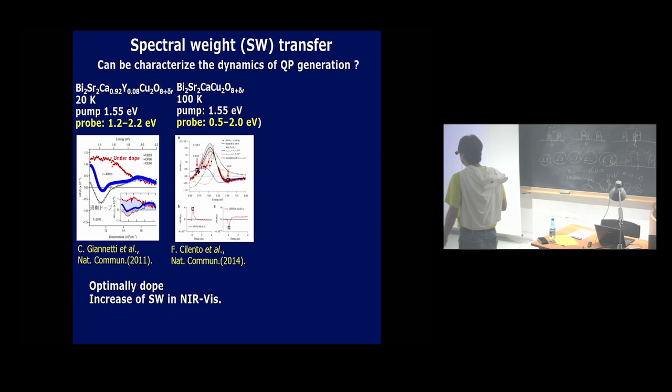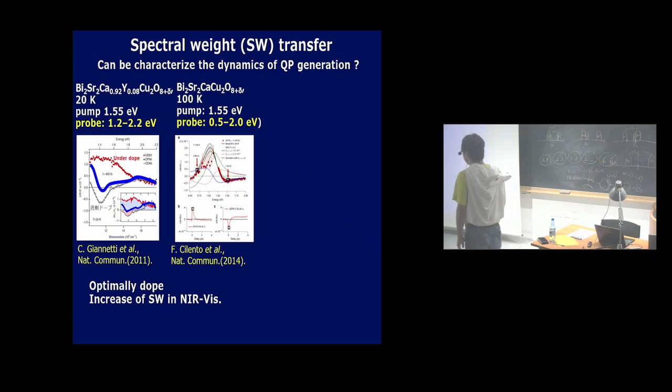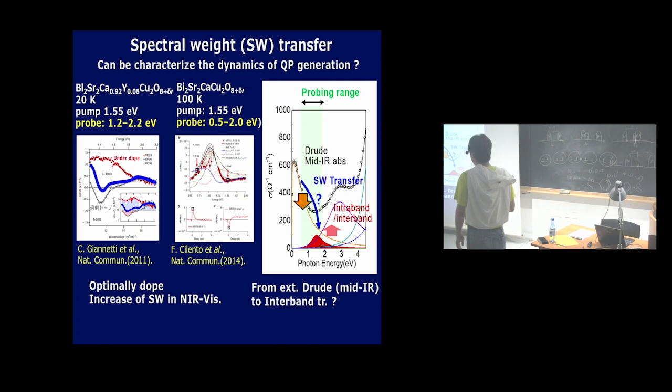Actually, almost 10 years ago, a spectral weight increase around the near-infrared range was reported in the Bi2212 system. And they discussed it in terms of spectral weight transfer from the low energy Drude component or the mid-infrared absorption component to the near-infrared region.